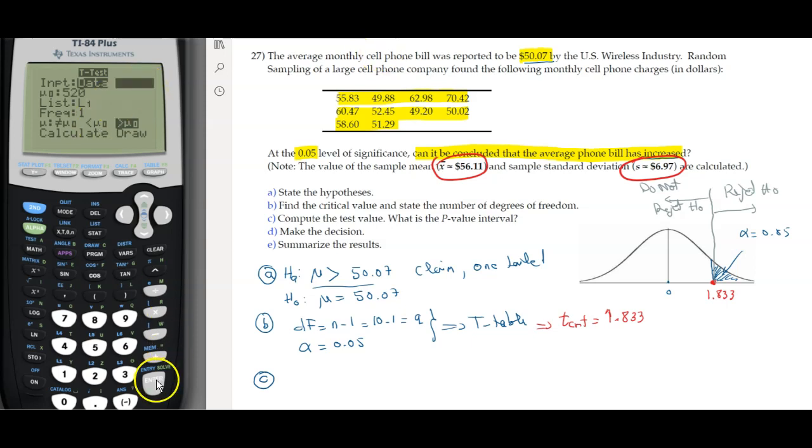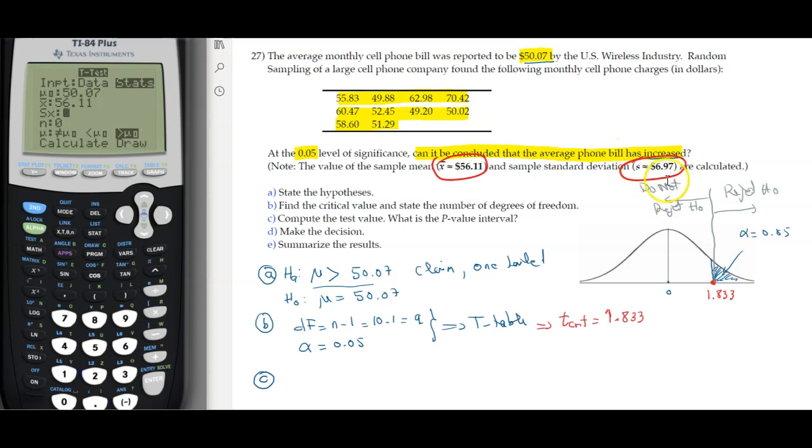So let's go to stats, and for stats they're gonna ask you for mu0, and mu0 is basically 50.07. So I'm gonna type it in, 50.07. Now the x bar is 56.11, 56.11.